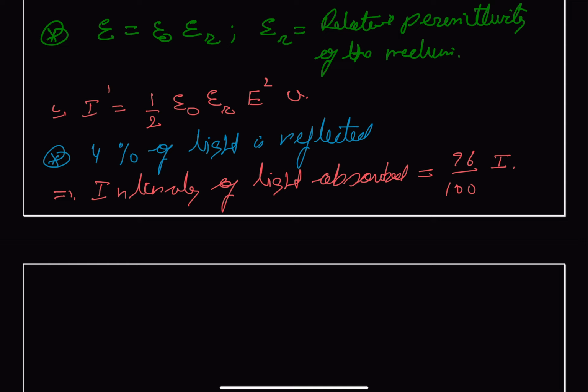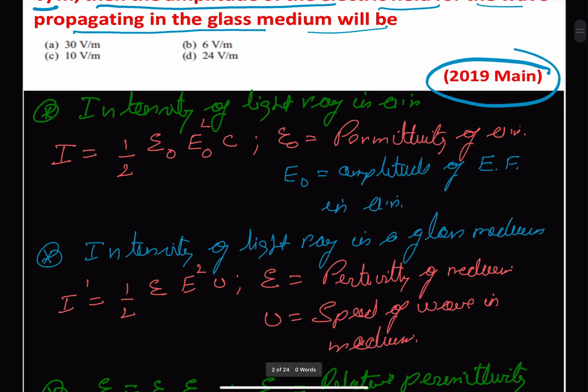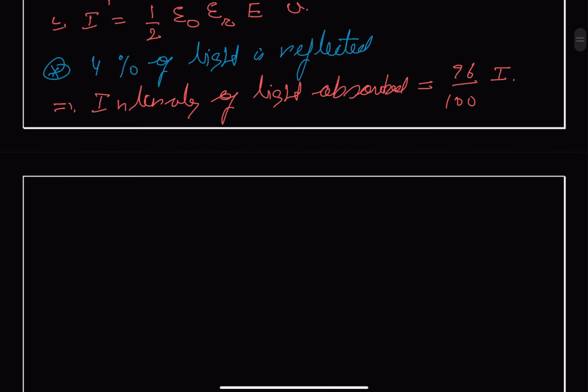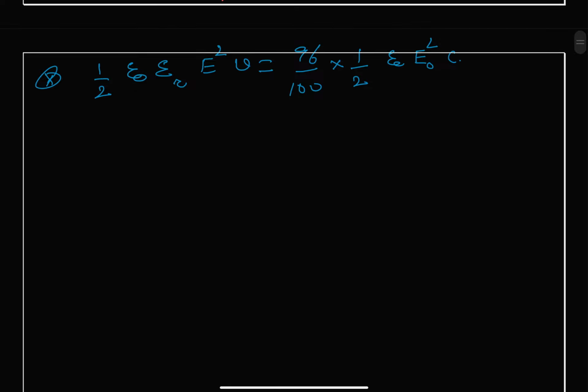And we substitute the value of I and I prime, we can get that half epsilon naught epsilon r E square V will be equal to 96 upon 100 multiplied by half epsilon naught E naught square and multiplied by C. And we can now simply solve it.